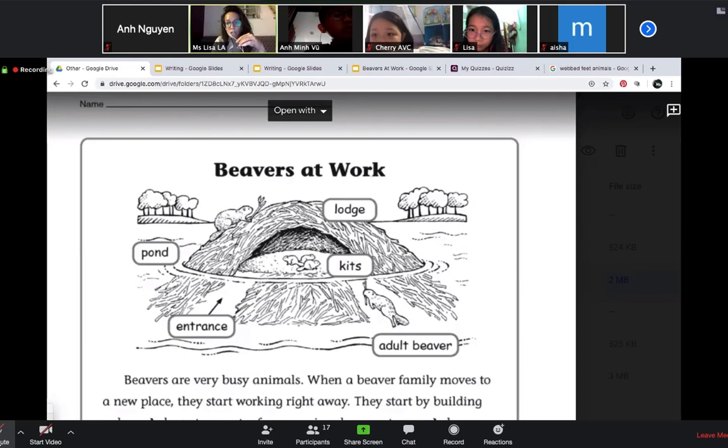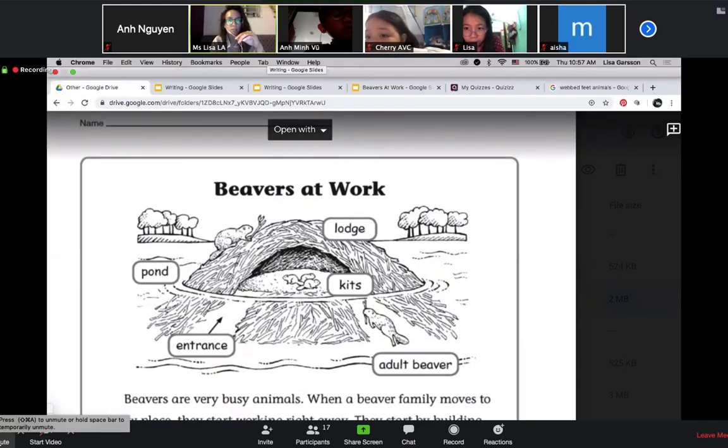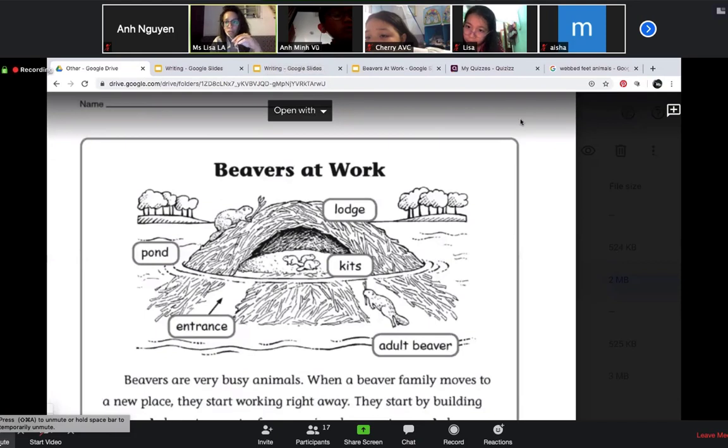So we have our lodge. We know our lodges are beaver's home in the water. The pond is a small lake. The entrance to the beaver's home, an adult beaver, and kits. What do we think a kit is before we start? Courage, what do you think a kit is?